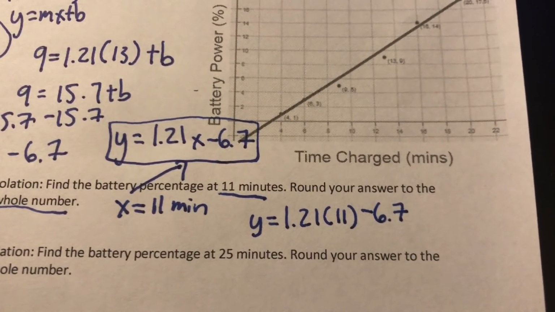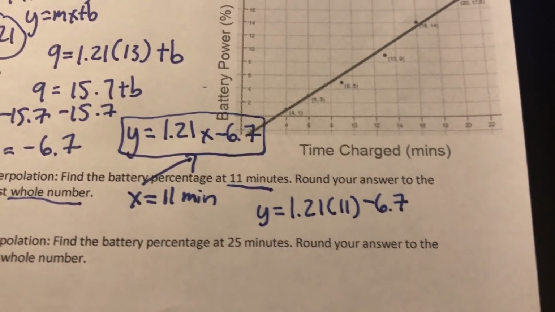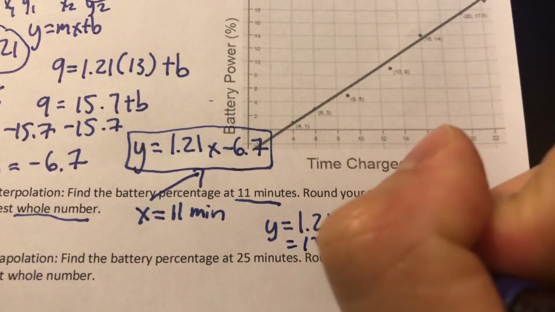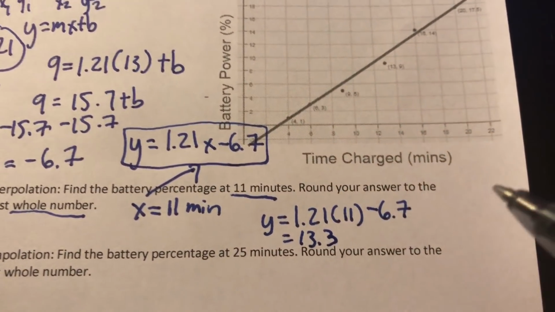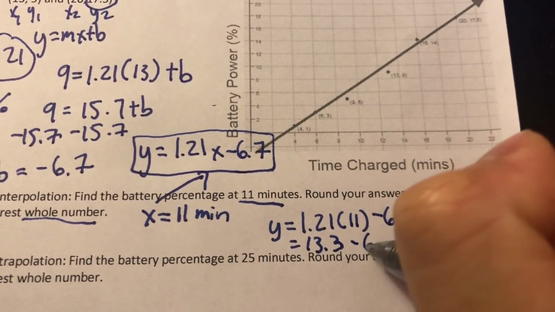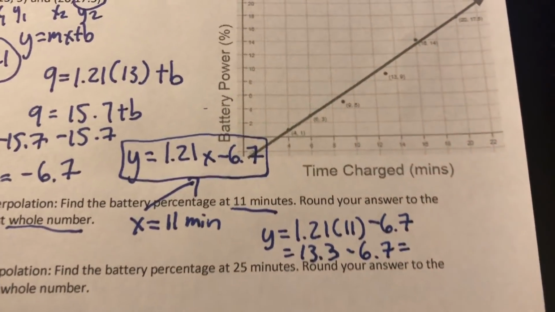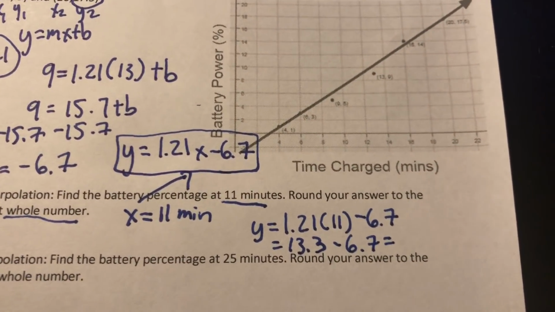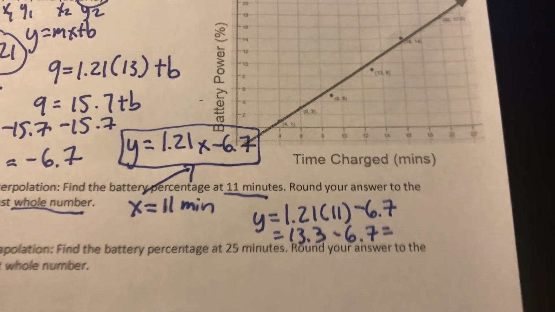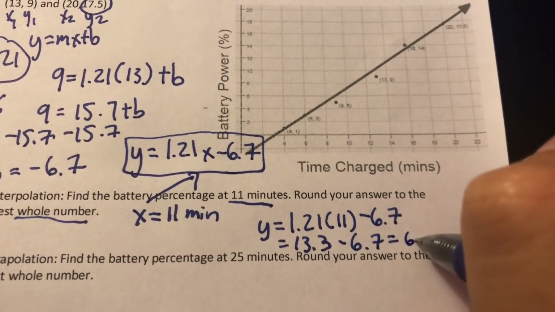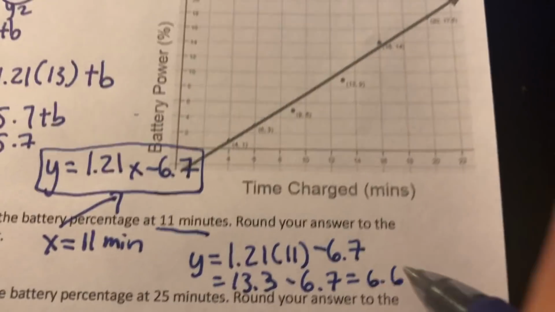1.21 times 11 gives me 13.3, minus 6.7, and that gives me 6.6. So what does 6.6 mean?